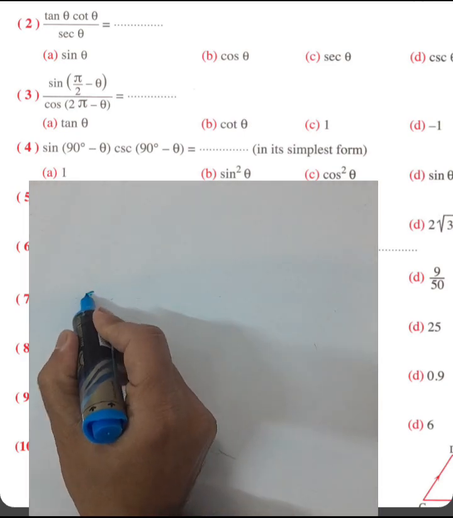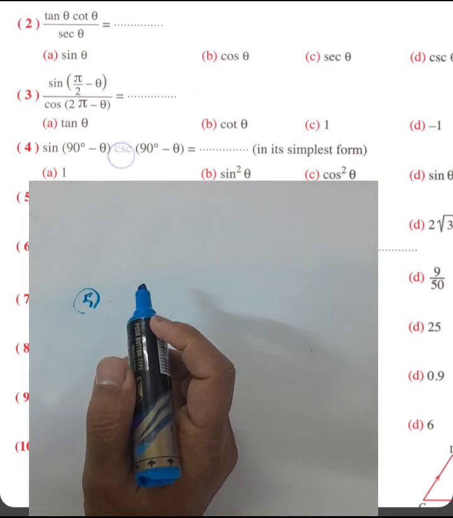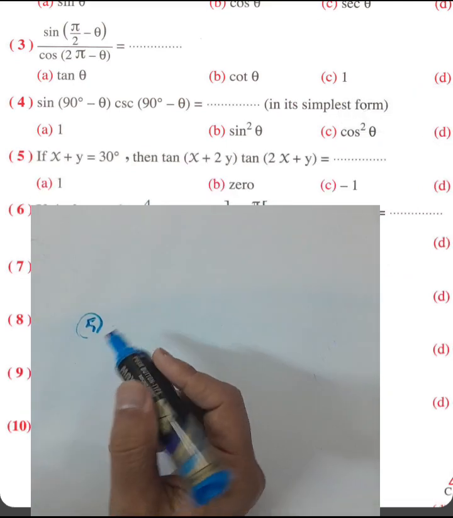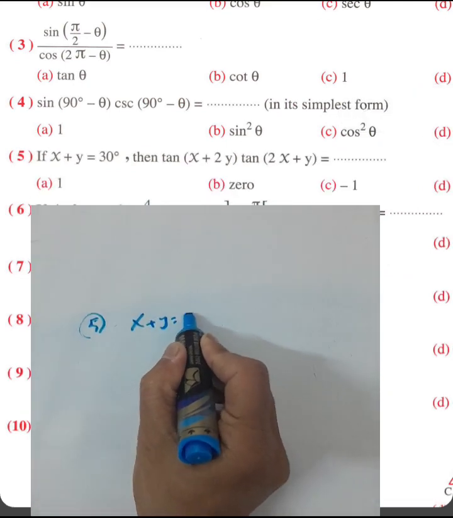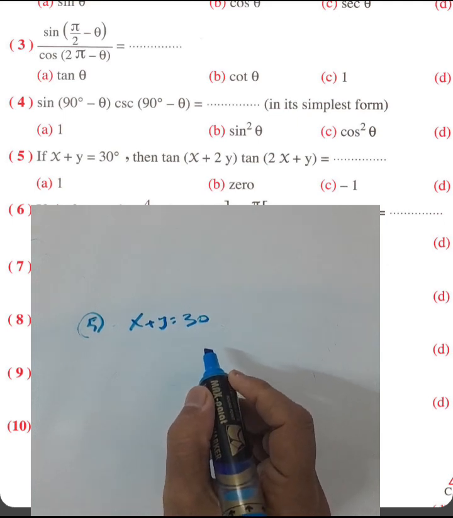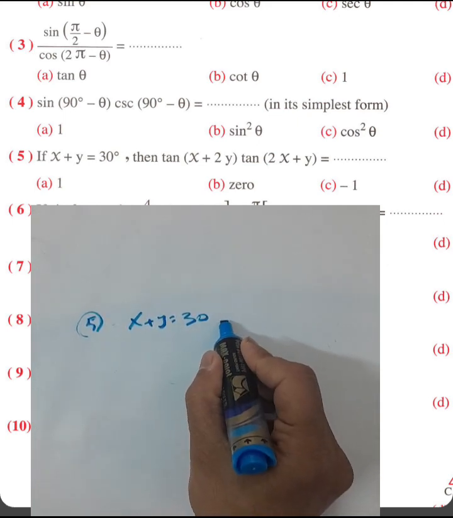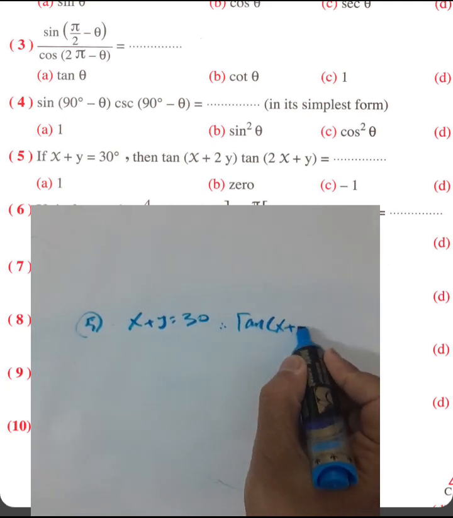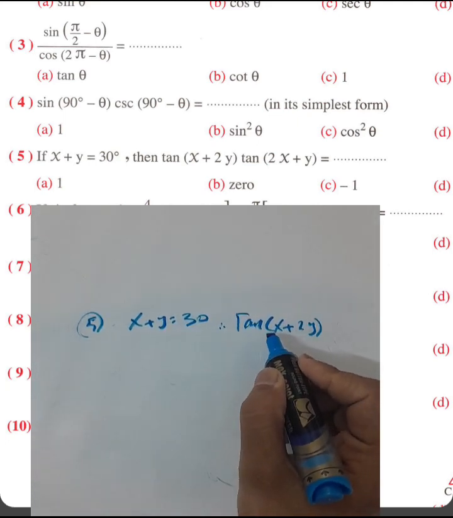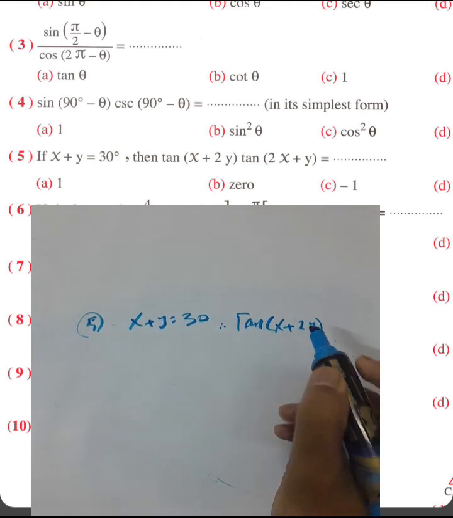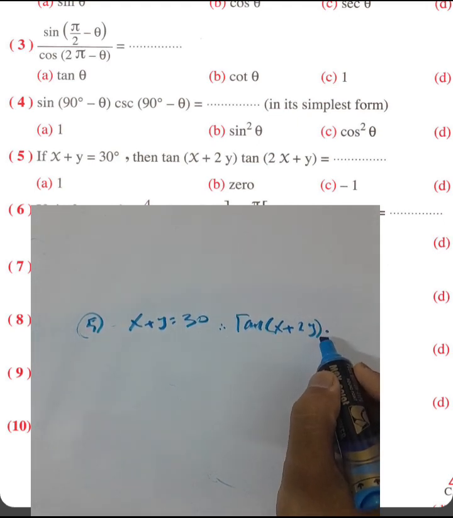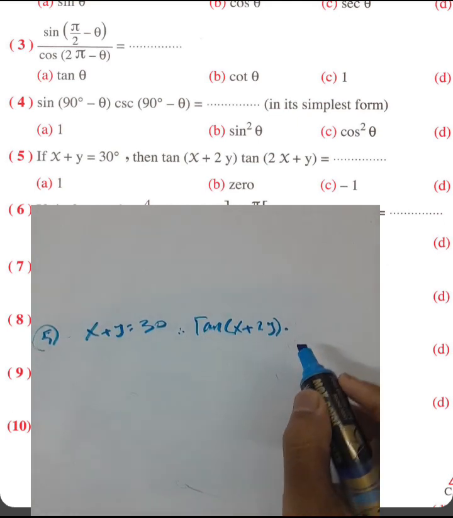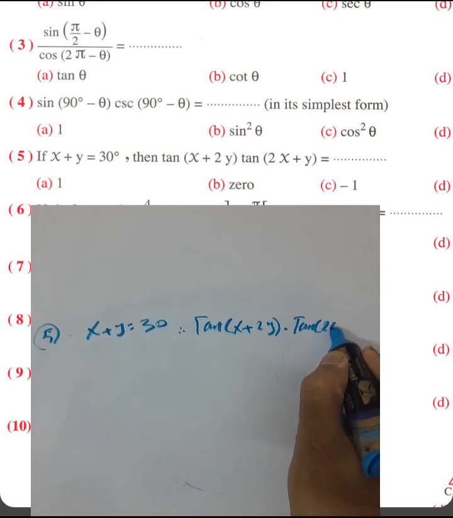Question number 5. If x plus y equals 30, find the value of tan(10x plus 2y) product by tan(2x plus y).